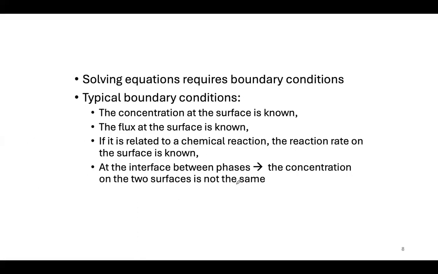Okay, so to solve the equation, of course, you need boundary conditions. And the boundary condition is typical. Usually the concentration at the surface is known. For example, at r equal to R, capital R, at the surface, your concentration A is known.